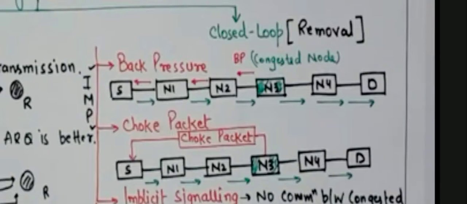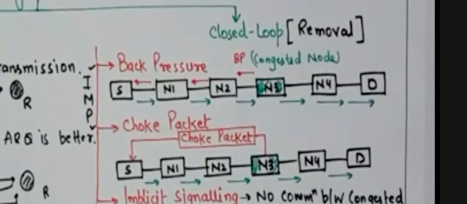Now what will happen? With back pressure, the red color arrows in the reverse direction, toward the source, indicate that congestion happened at the N3 level. So it gives a back pressure to the source through the arrow lines.